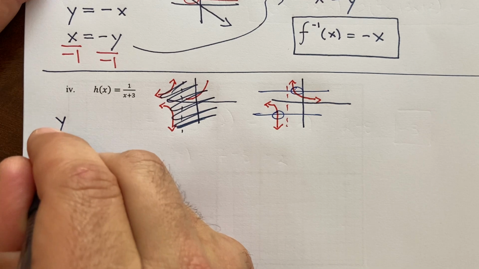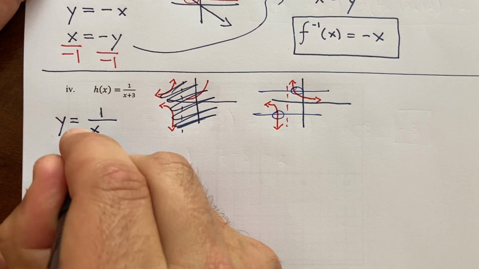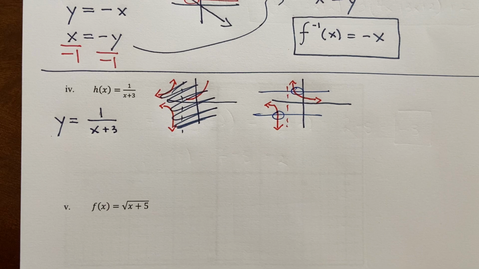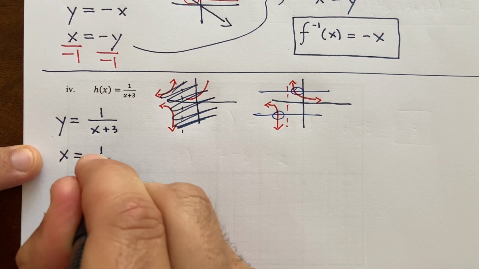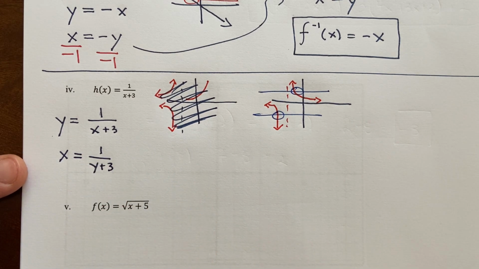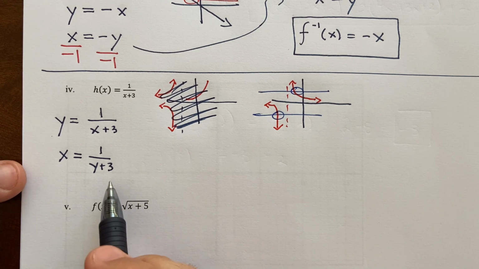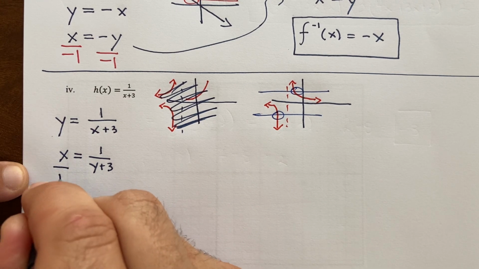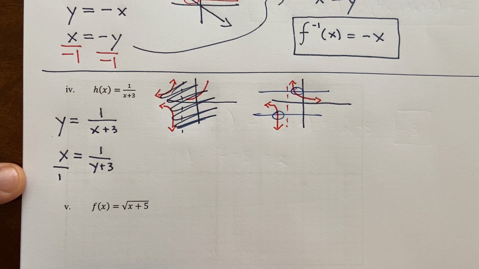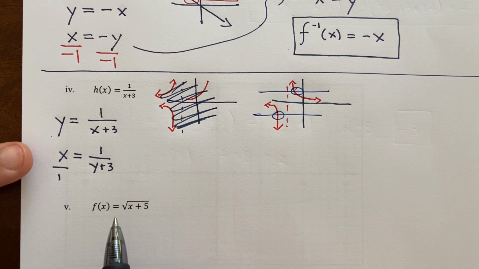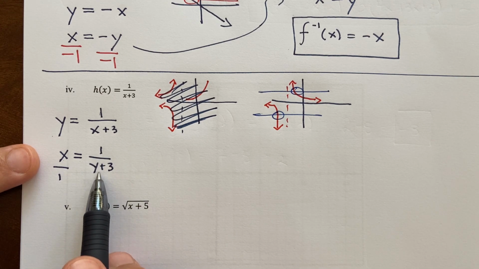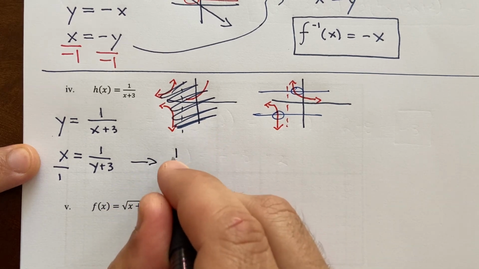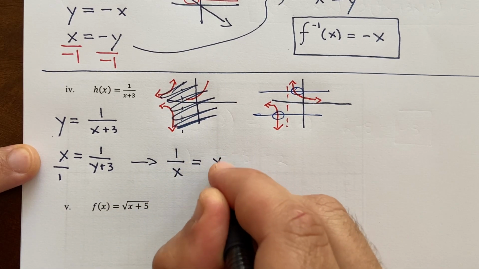So I'll rewrite this as y equals 1 over x plus 3. Then literally switching x and y, so x equals 1 over y plus 3. Now solving for y. So I can cross multiply if I wish. One thing I can do, if I have x over 1 here and 1 over y plus 3 here, I can say 1 over x equals y plus 3.